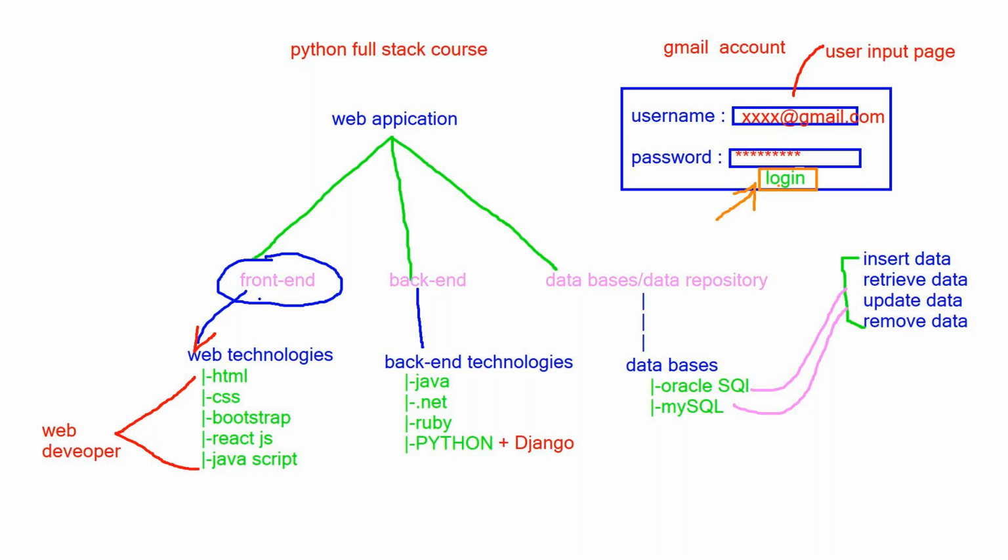When you click on this login button, internally your user input page is going to be linked to one of the programs from this backend technology. I will tell you in simple words.